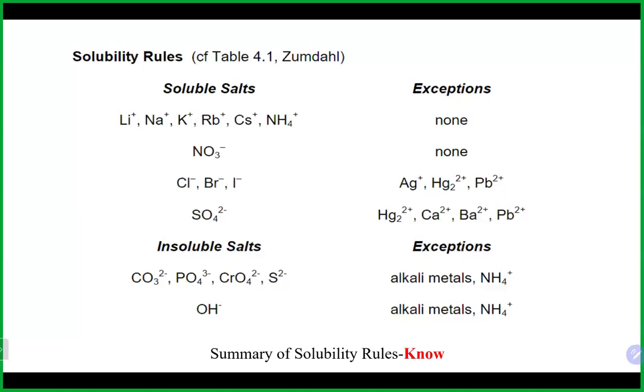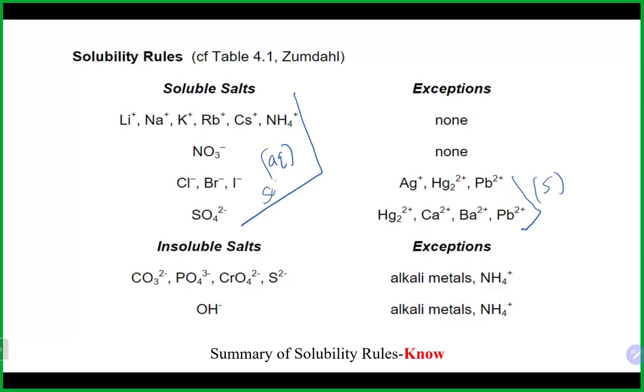Here is another table from your book. Again, that's basically just another format of what we just talked about. Anybody on the left-hand side here is going to be soluble and get the aqueous symbol. But if you have anybody on the left-hand side that is combined with one of these guys, it will be the opposite, which means they will be insoluble and become a solid.